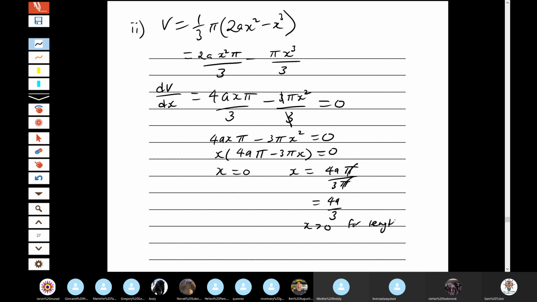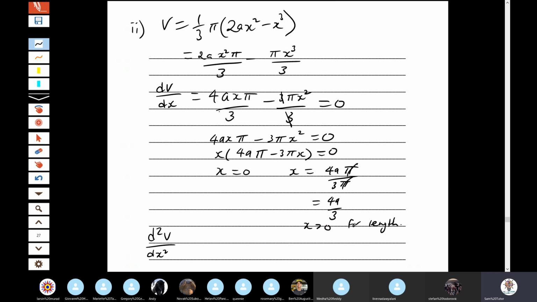But when it's talking about the reasons, it's just talking about nature. As long as you find your nature, it is a maximum. What are we going to do with nature? Second derivative or first derivative? I think second derivative is okay.